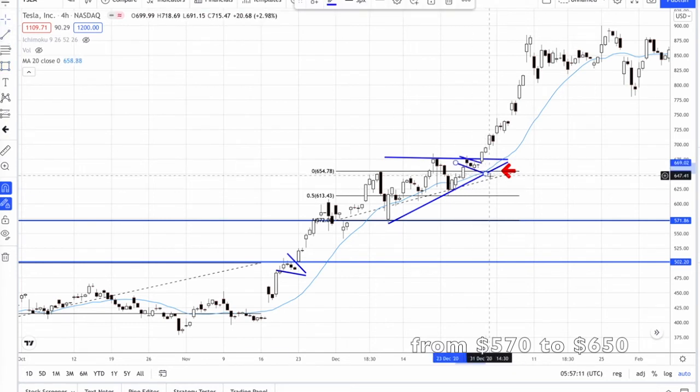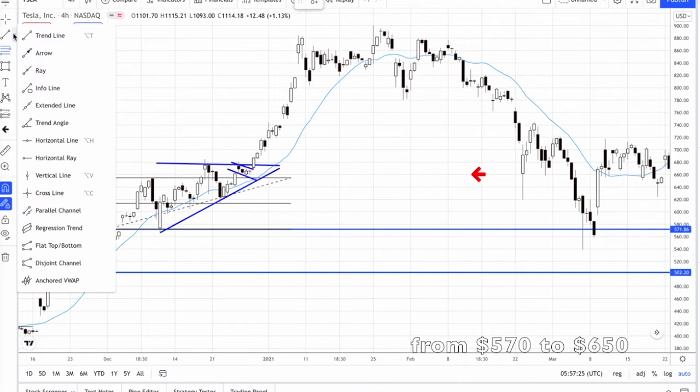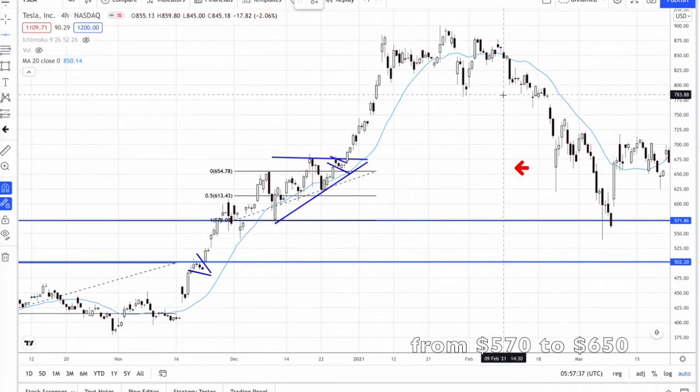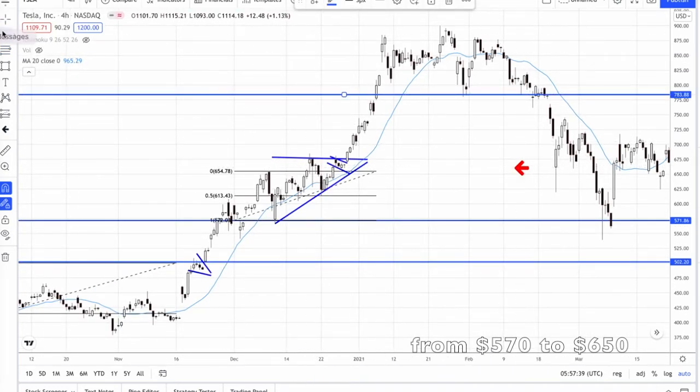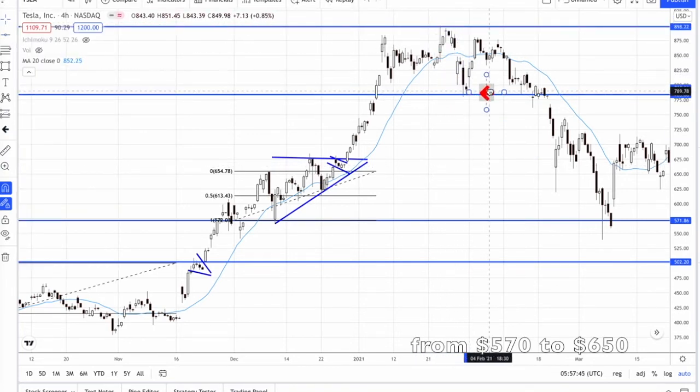When price broke above the previous high, it retested it here and also formed a bullish flag. Price trended above. This was in February 2021. So price made a high at 900 and then pulled back towards the 785 level.